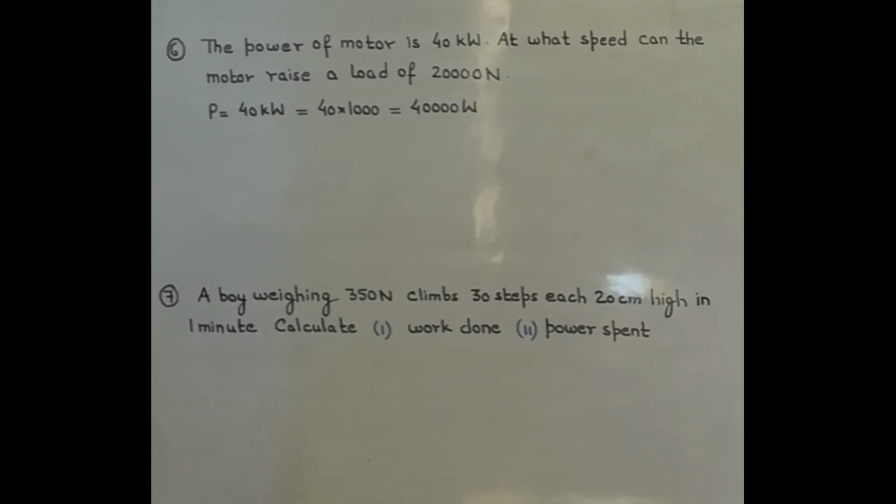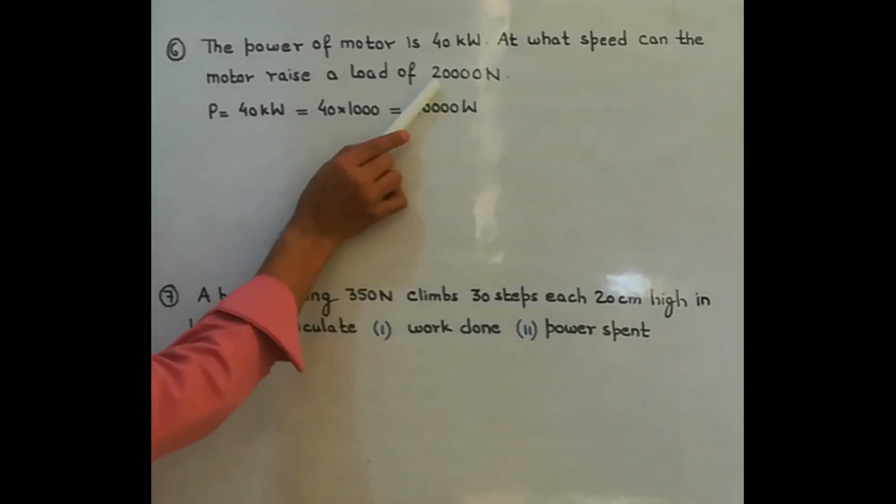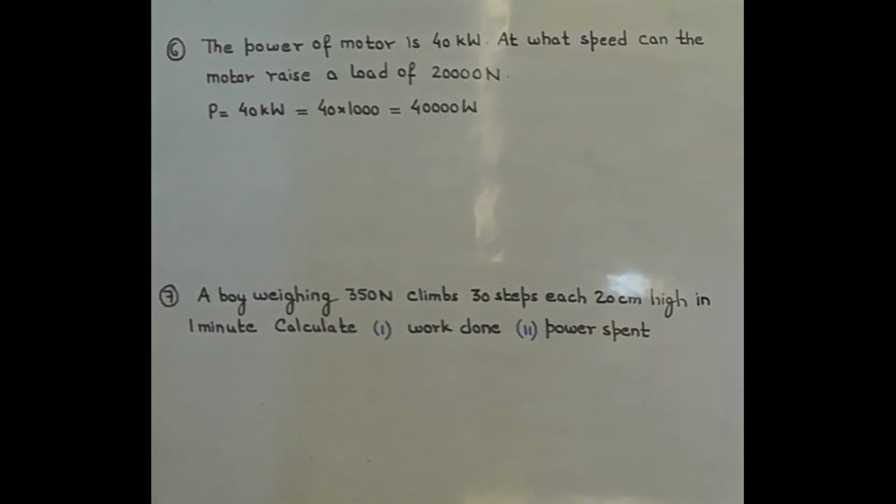Now the question says at what speed can the motor raise a load? Now raising a load means this is the force which you are applying. Because whenever you are raising a load, whatever will be the weight of the load, that will be the force applied by you.